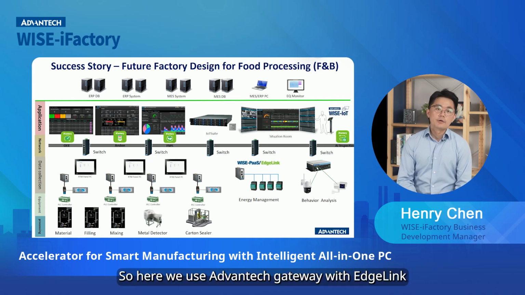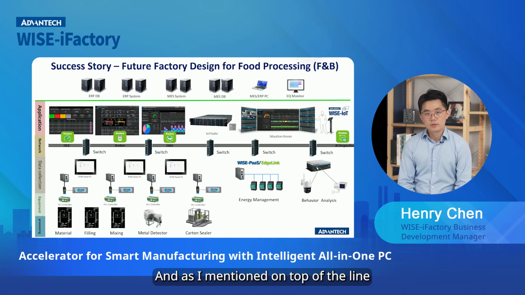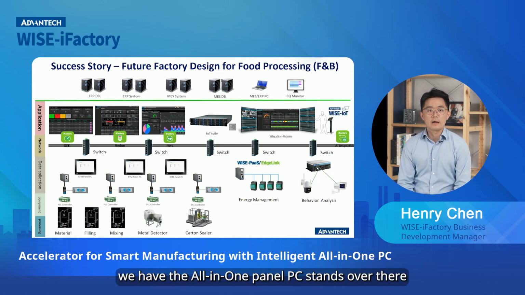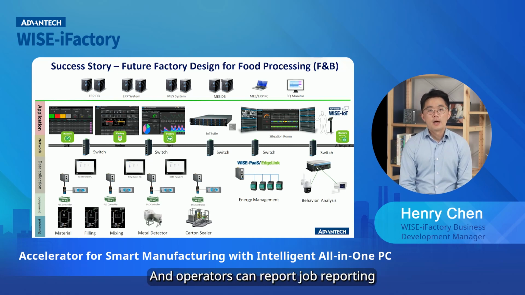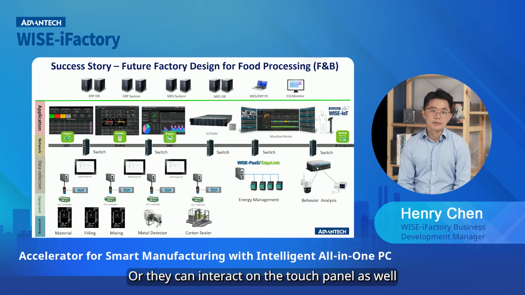So here we use the Advantech gateway with EdgeLink to connect with the PLC. And as I mentioned, on top of the line, we have the all-in-one panel PC standing over this layer, and operators can do the job reporting, and if any alarms happen, they can interact on the touch panel as well.